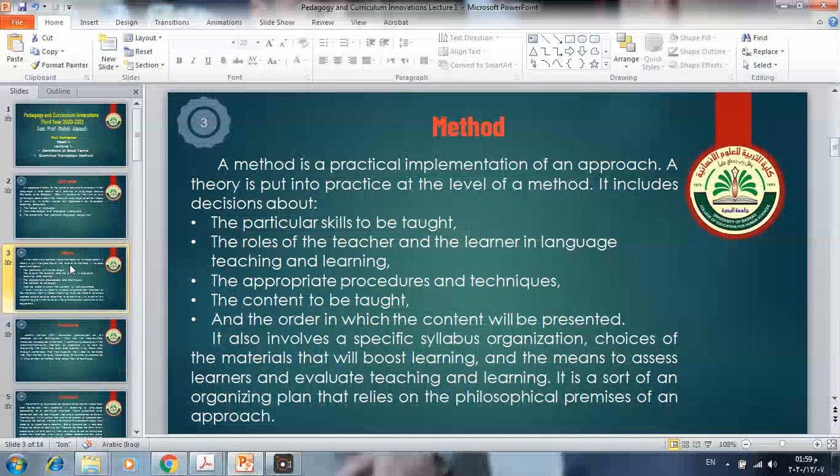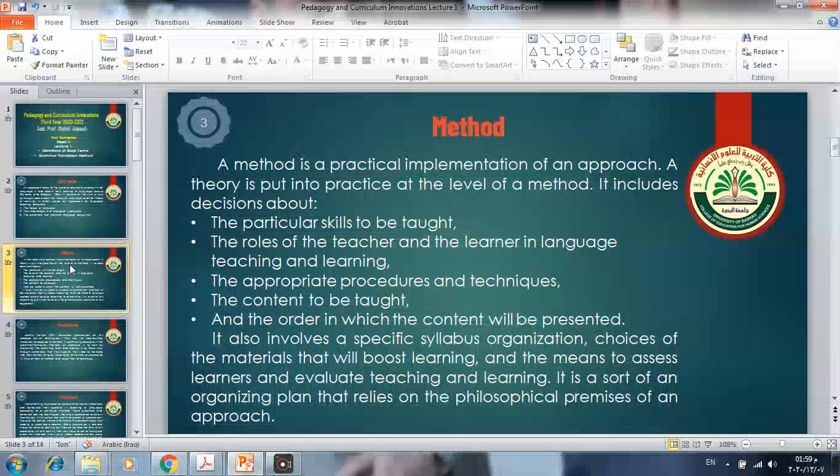The other thing that the method helps us to take a decision about is the appropriate procedures and techniques. What are the procedures that we should follow when we teach language, and what are the best techniques that are used to teach the language?